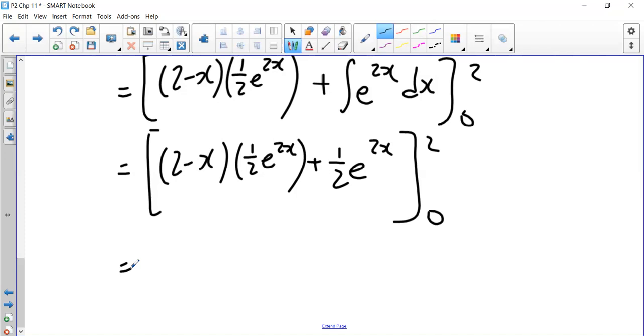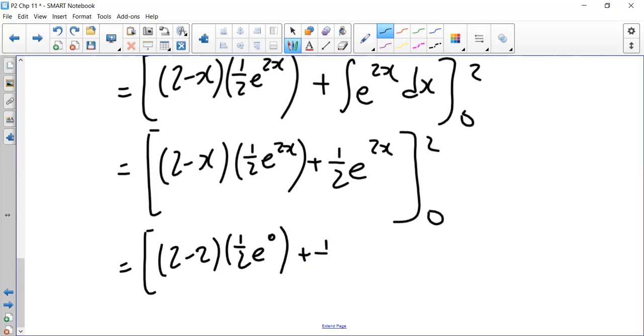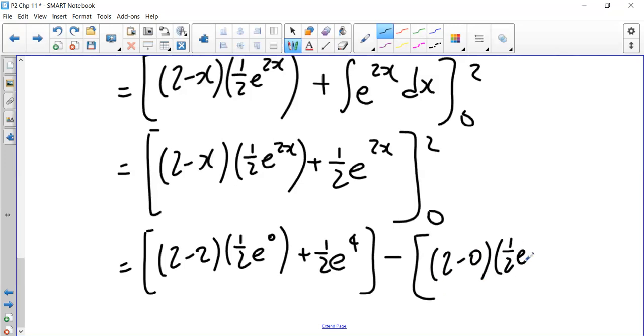So substitute 2 in the front: 2 minus 2, and then a half e to the power of 0, plus a half e to the power of 2 times 2, which is 4. Sub in 0: 2 minus 0, and then a half e to the power of 2 times 0, which is 0, plus a half e to the power of 0. Now, don't think e to the power of 0 is 0.